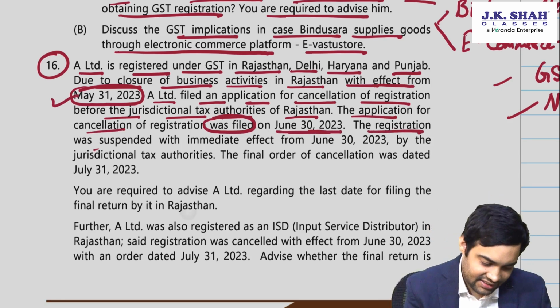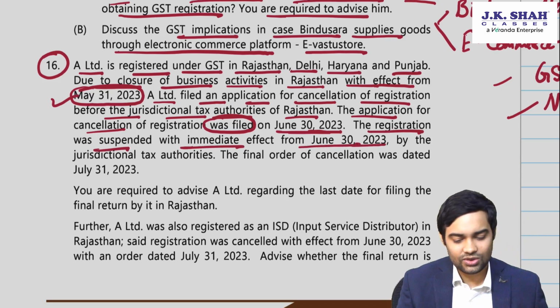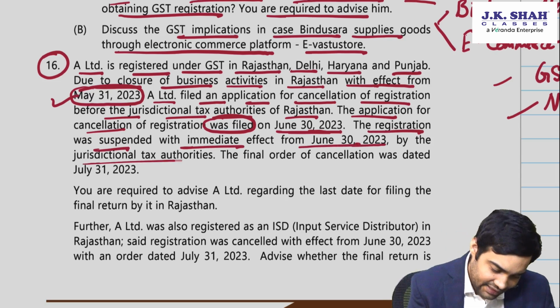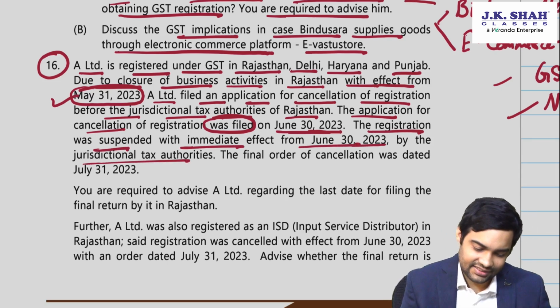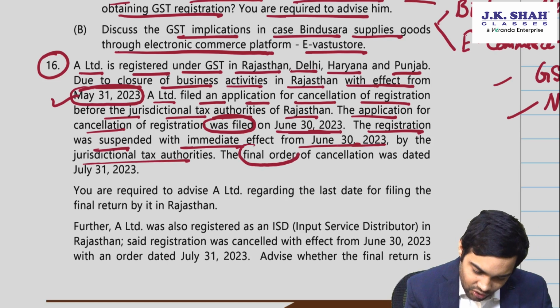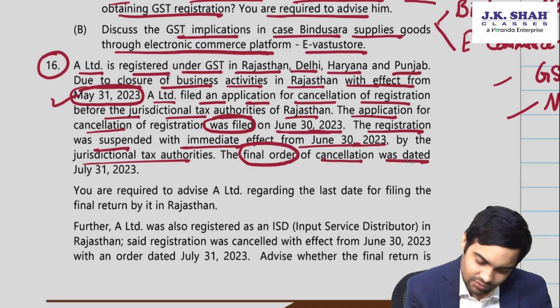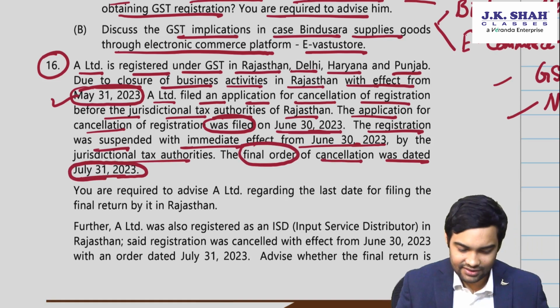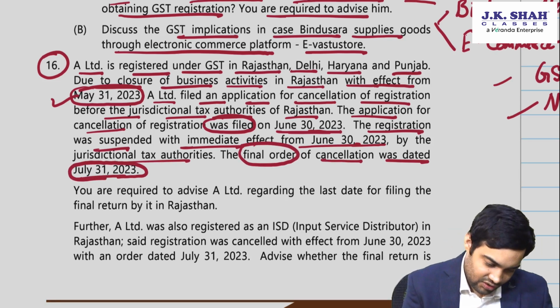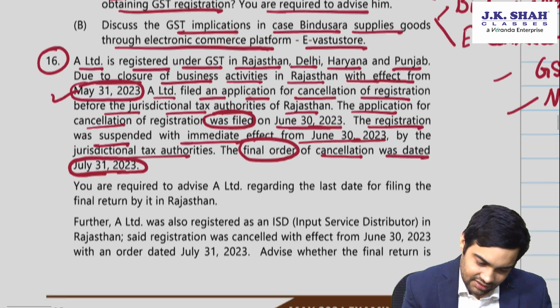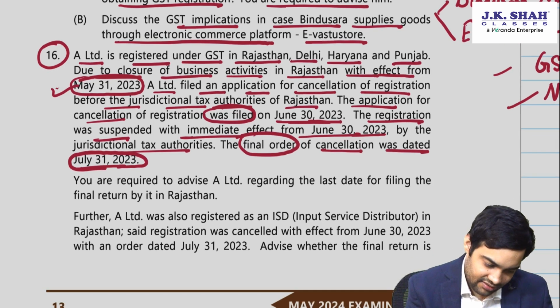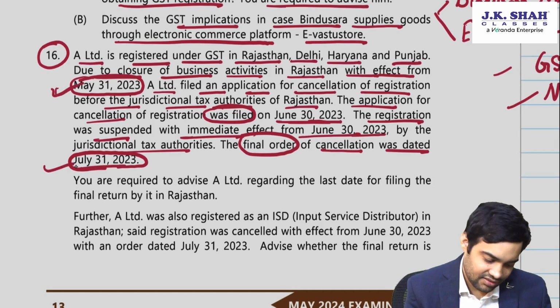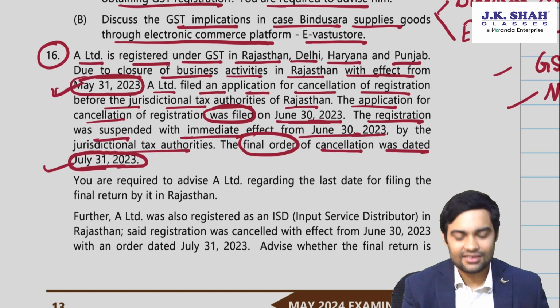The registration was suspended with immediate effect from 30th June 2023 by the jurisdictional tax authorities. The final order of cancellation was dated 31st July 2023. So the effective date of cancellation would be May 31st or 31st July, whichever is later.